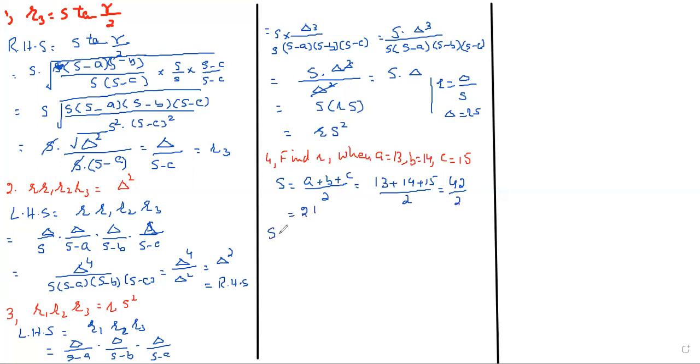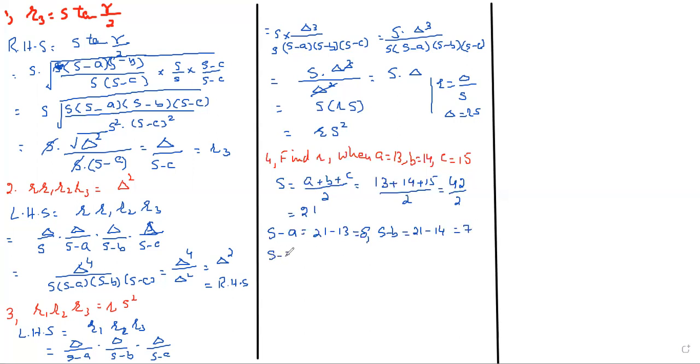Now S minus A equals 21 minus 13, which is equal to 8. S minus B equals 21 minus 14, which is equal to 7.